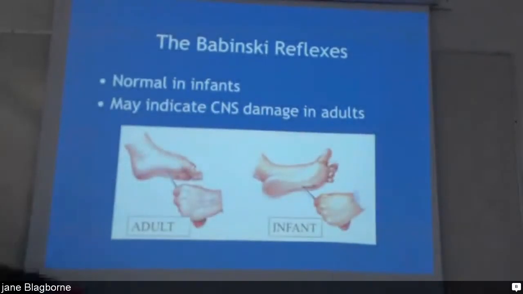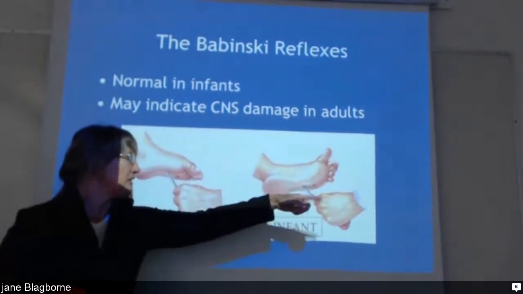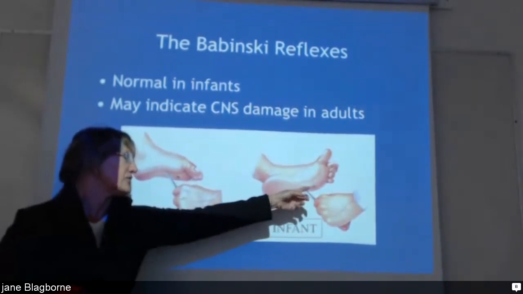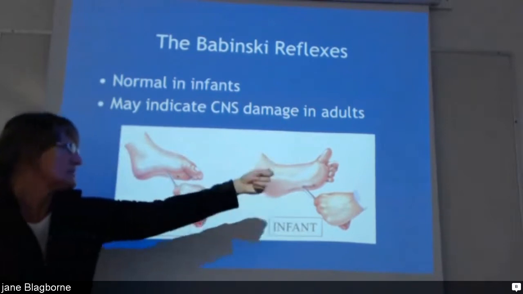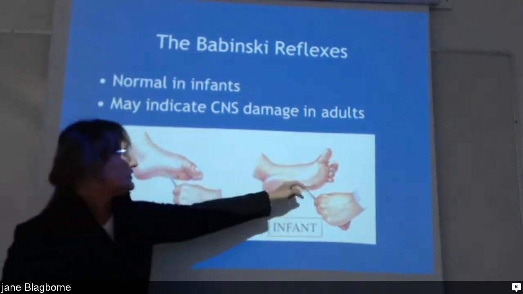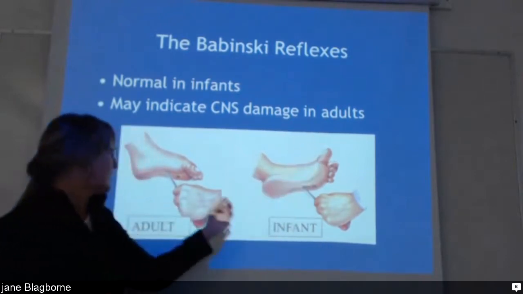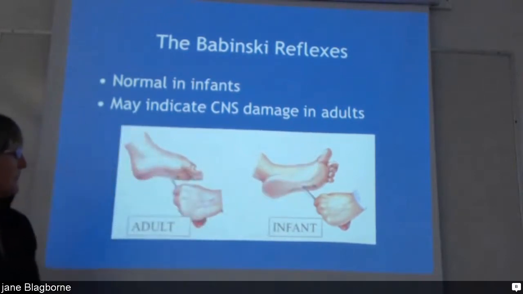Babinski's, what I was talking about with the baby. If you rub something up the foot, I've seen doctors just use the back of the hand gently, you don't have to do it very hard. The toes will splay outward on an infant, and on an adult, they'll curl inward.